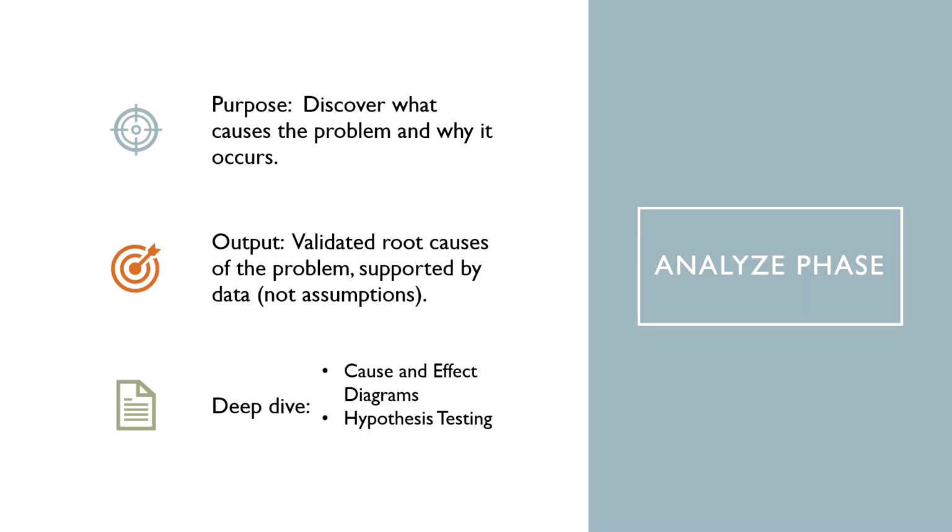phase. The purpose of the analyze phase is to discover what causes the problem. This is when the team uses the data they collected during the measure phase to perform root cause analysis. We know that variation is the main cause of defects.